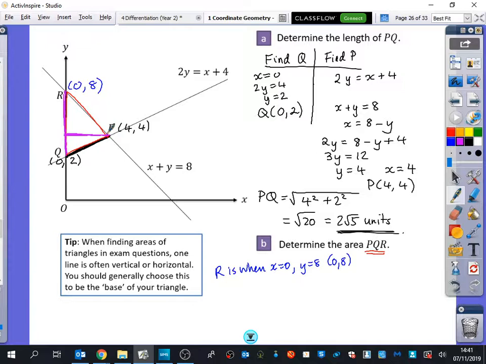From here, we have P's x coordinate 2 and y coordinate 8, so that we've got 6. It's really simple. So the area of the triangle PQR, it's 90 degrees, is 6 times 4 halved, 12.